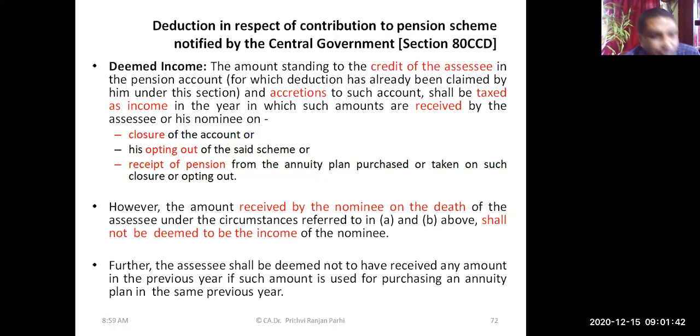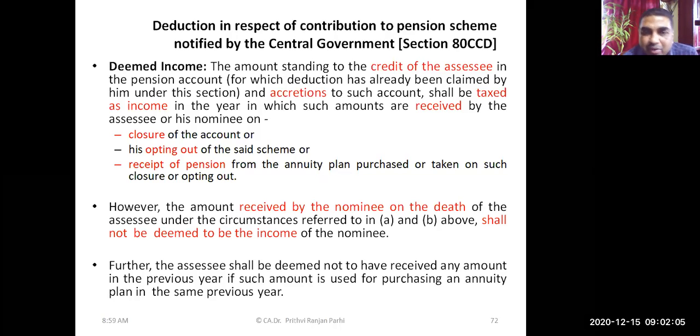And we have to remember one more thing, that if the account is closed or the person is opting out of the scheme or he started receiving the pension, then the amount so received will be treated as income and that will be taxable.